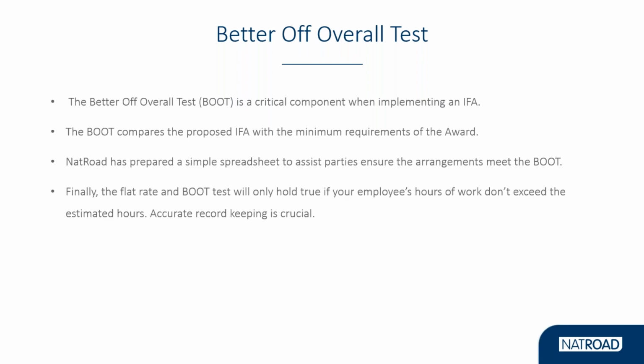Because again, if the employee exceeds those hours that you have included in the IFA, then you will be found to have underpaid them if you don't then pay them an additional amount for those hours worked that you didn't include in it to begin with. And as it says there, accurate record keeping is crucial. So that's timesheets, when the employee took their meal break, things like that, all being properly recorded.